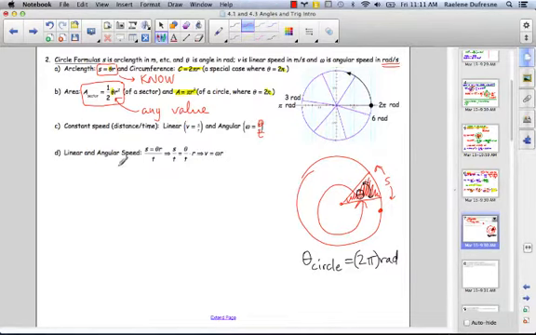So the linear and the angular speed will be related: the linear distance equals the angular distance times the radius. So we can convert the arc length formula into the distance formula by dividing by time.